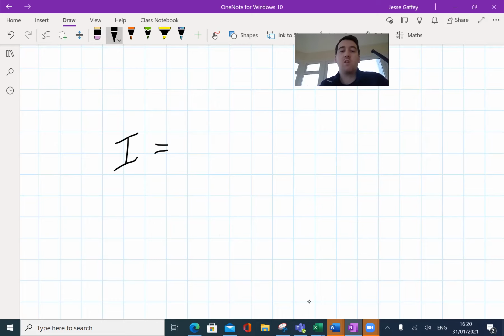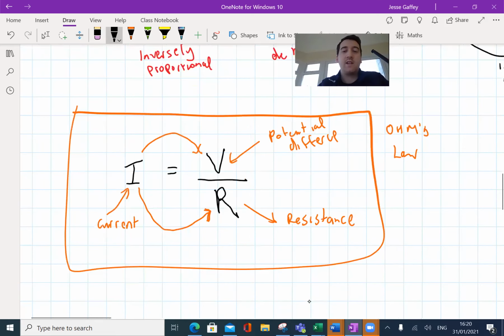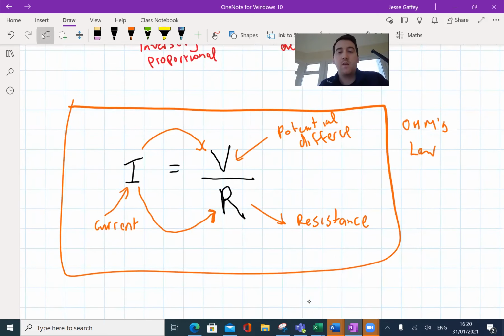If they are proportional, that means that V is on the top. Hopefully you're trying to stay ahead of me. That means that R, resistance, is in the denominator. If this gets bigger, current gets smaller. So if we increase the resistance, we decrease the current. All right, so I want you to make sure that you have that taken down and labeled.